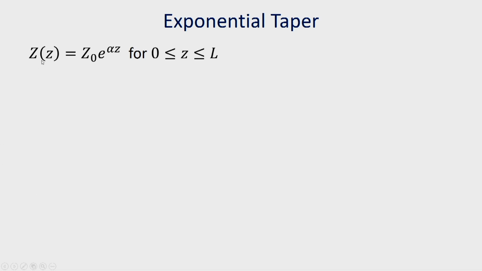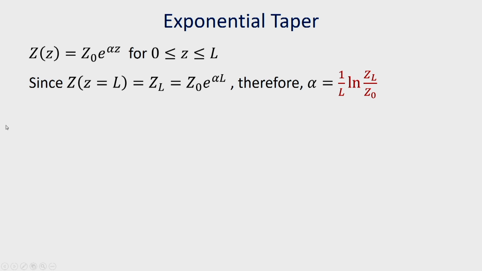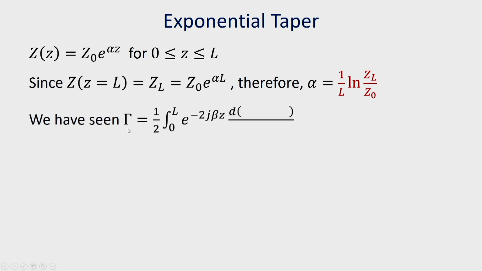Here capital Z as a function of distance z is given by Z naught e to the power alpha z for 0 less than z and z less than capital L. Now, since capital Z at z equal to L is ZL, therefore, we can find alpha to be equal to 1 by L log of ZL by Z naught. And we have the expression for gamma.